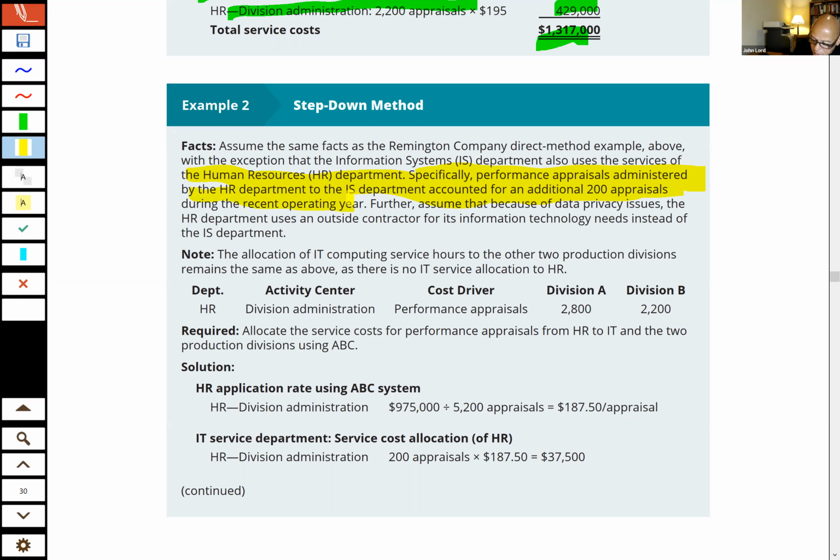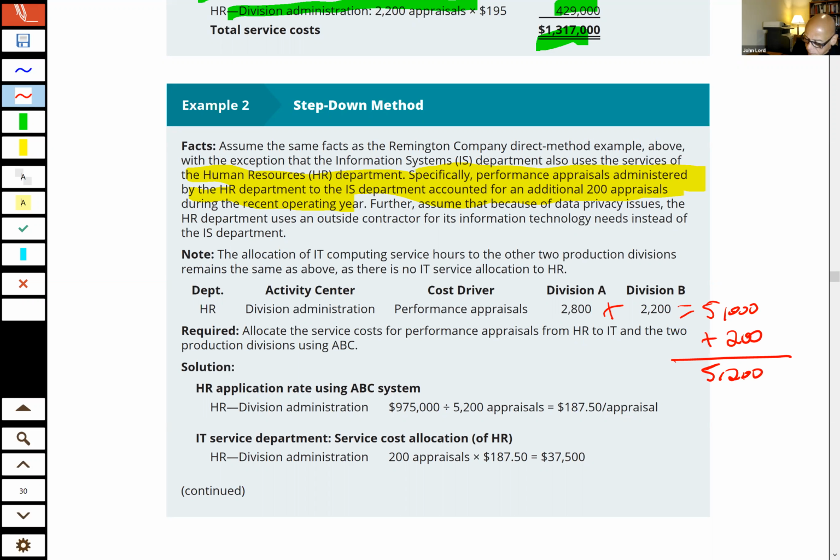So again, you have the 5,000 that was used by the two departments, which we calculated earlier. But now we add the additional 200, so now we've got 5,200.